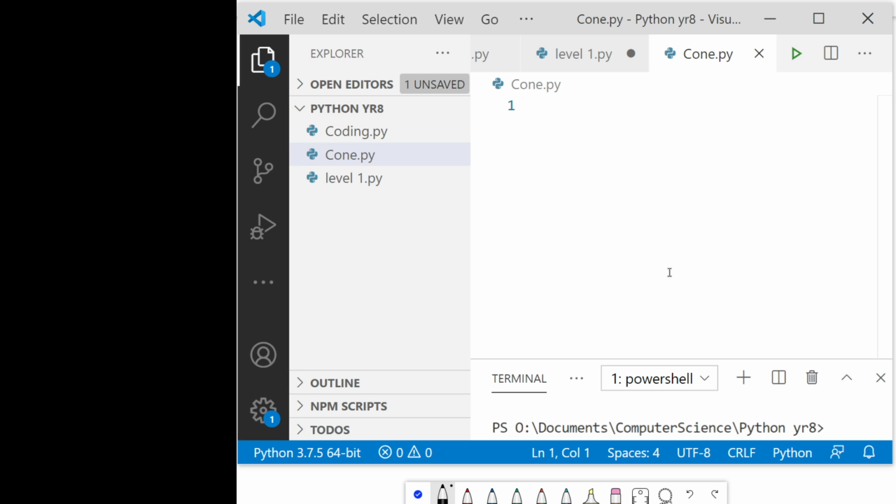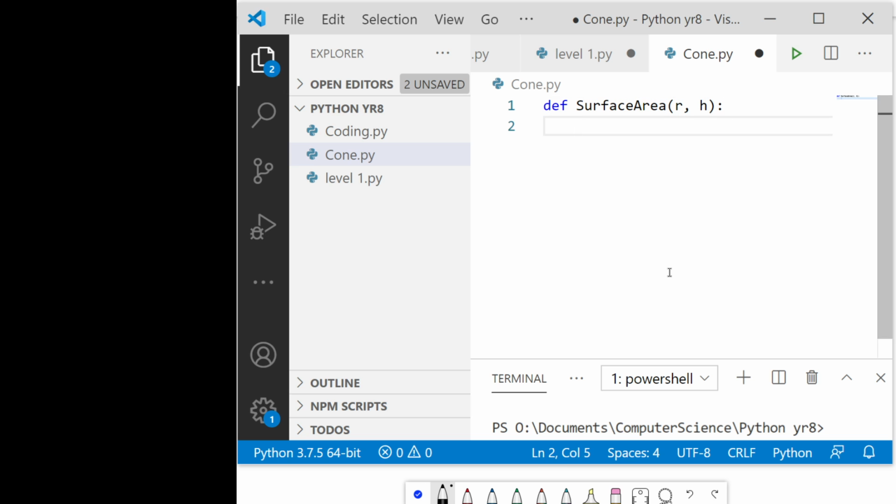So, remember, to create a function, we put def and then the name. So I'm going to put surface area. Now we said that the surface area needs the radius and the height, so I'm going to put parameters. I'm going to call them R and H because it'll make my formula look easier.